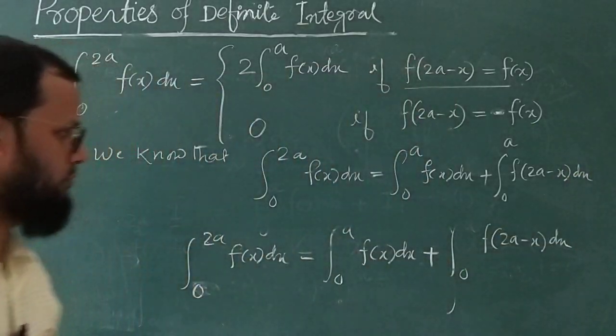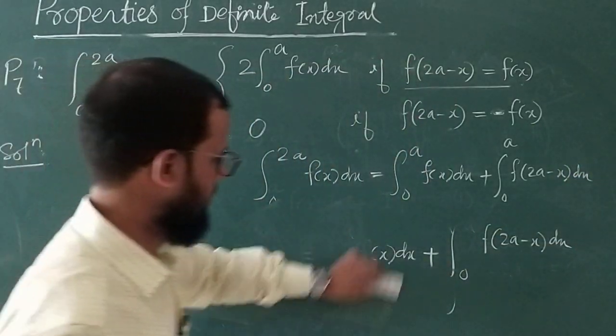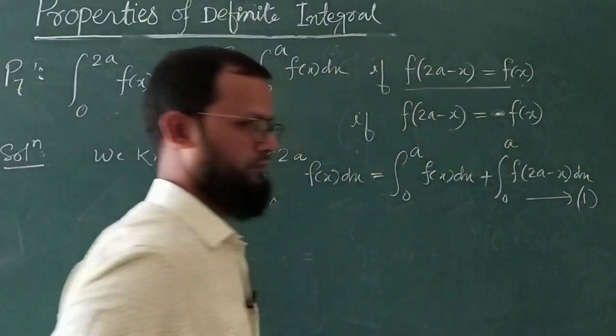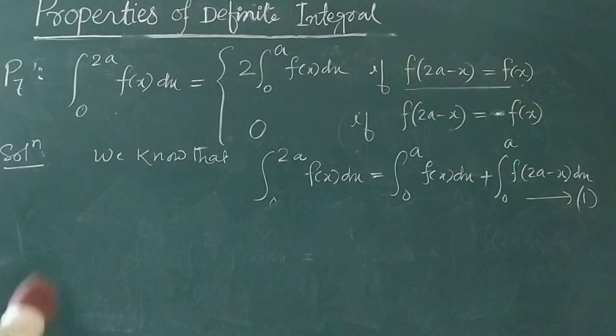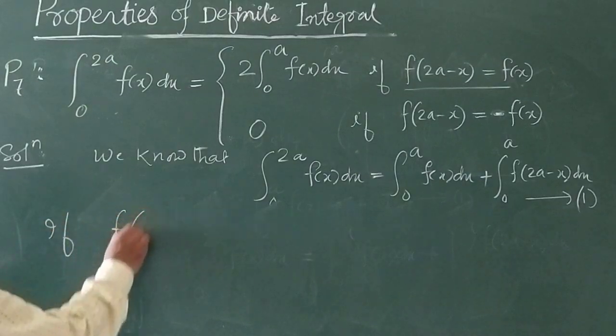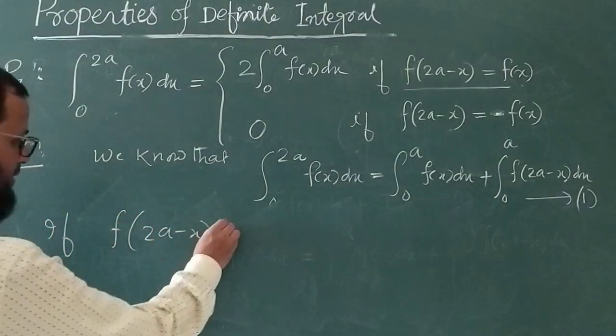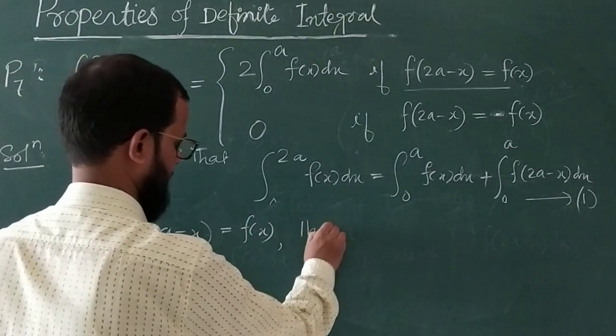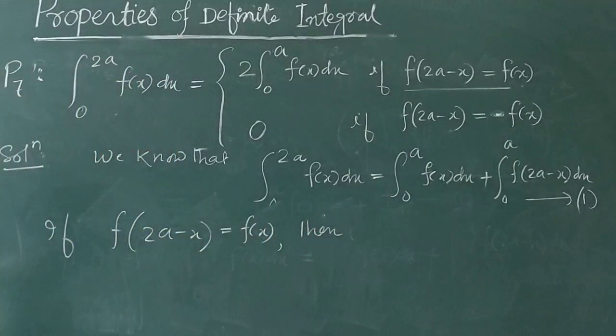This is the property we know. Okay, we already proved it. This is suppose number 1 relation. Now if f of twice a minus x is equal to fx, then what will happen about this particular integral?